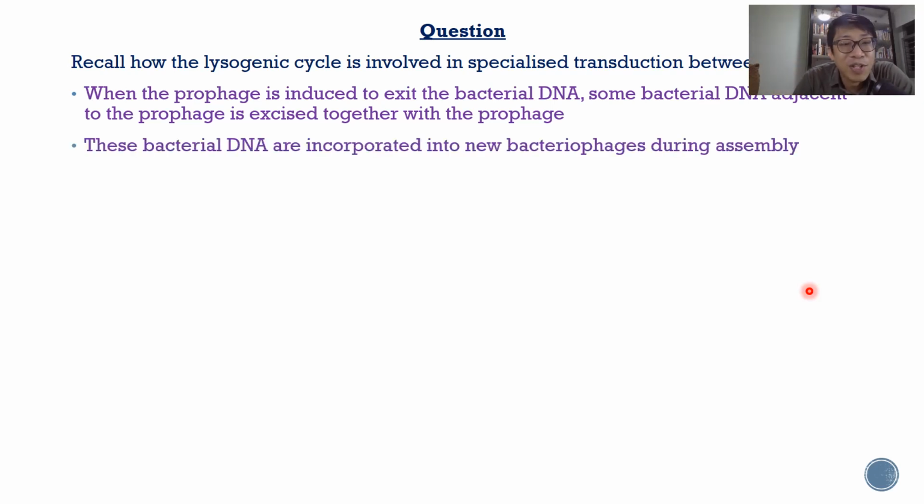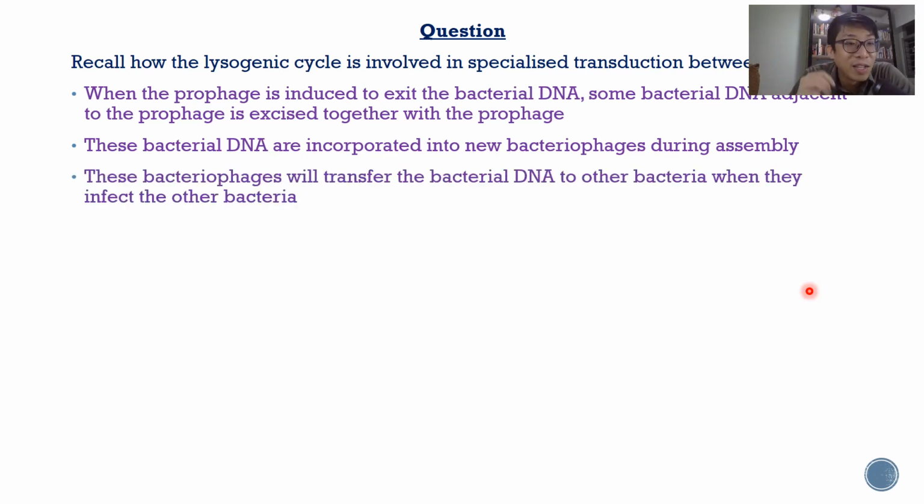In this case, your new bacteriophages would all contain the prophage as well as these pieces of bacterial DNA next to the prophage, because when this piece of DNA comes out, the prophage and the pieces of bacterial DNA, it gets replicated and becomes the genome for all the new viruses. So all the new viruses that are made contain both the prophage and this adjacent bacterial DNA.